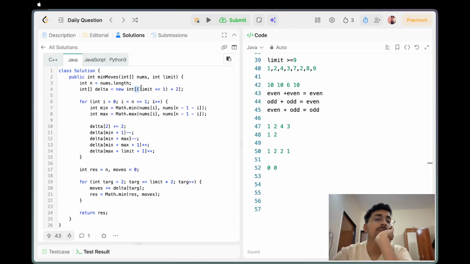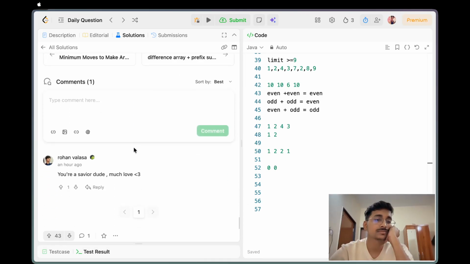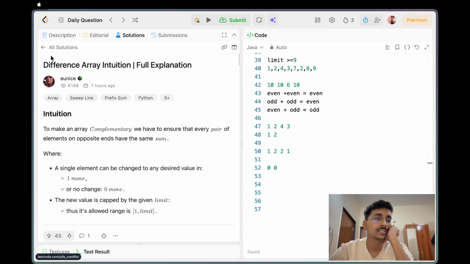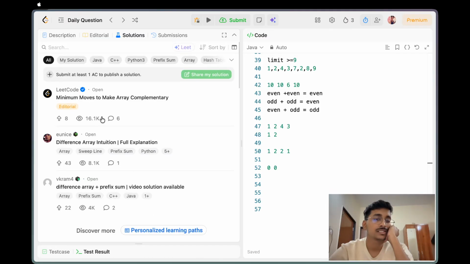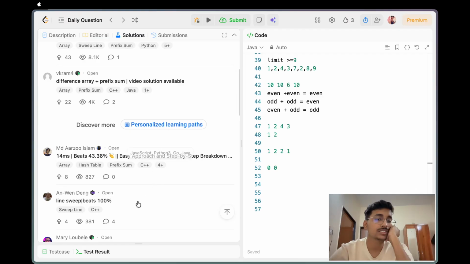He could have simply written limit into 2 plus 2, and then whatever he's doing. Honestly, I didn't understand any of these.